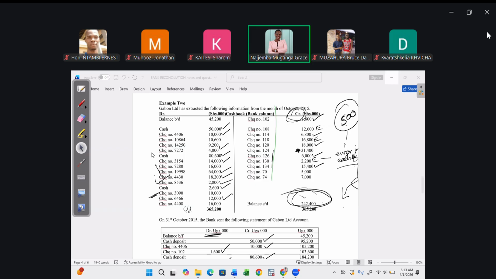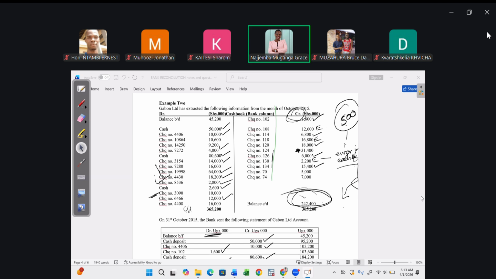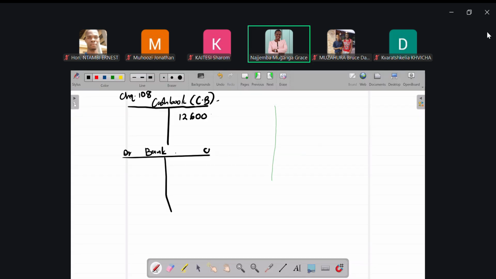Then after that, ask yourself, what did they do in the bank? For the same check, you can easily locate it because we indicated error on each. So 108, in the bank, they debited 12,400.